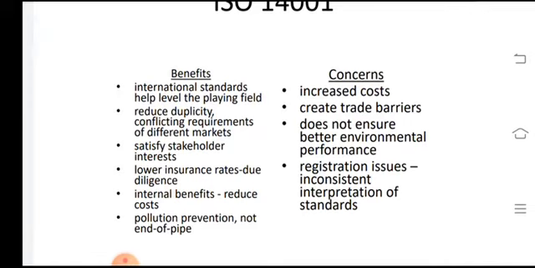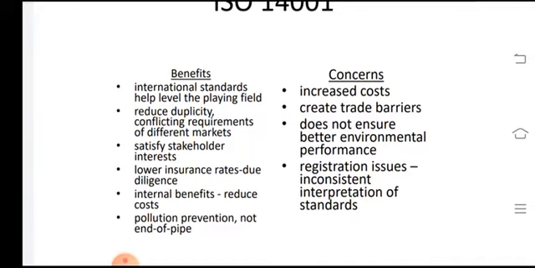So we have talked about the benefits, like international standards help level the playing field. So we have a similarity among all the industries on a global level. Then there is lesser repetition, and then satisfying the stakeholders' interest, and lower insurance rates, internal benefits, reduced cost, pollution prevention.